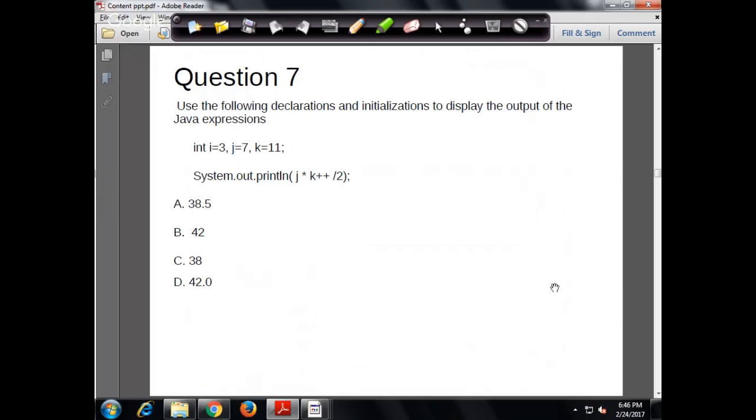Guys, try to look. There are only 2 lines of code written over here, but you will have to think a lot before answering this question.